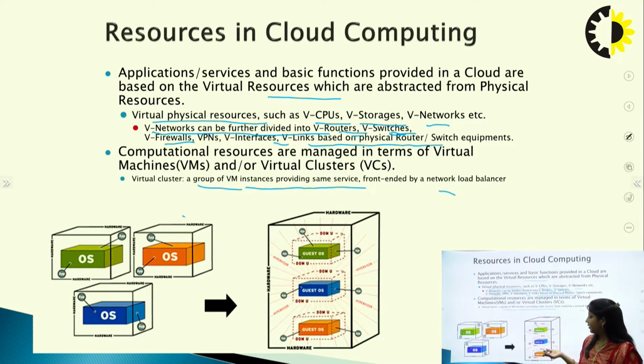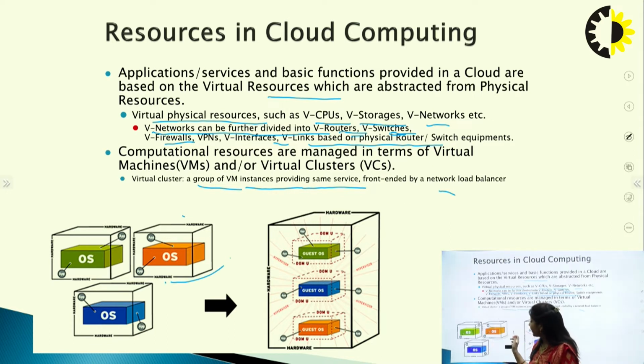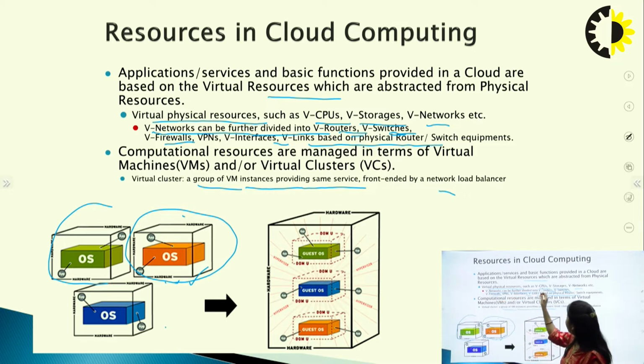It is the duty of the provider that in the cluster, all the virtual machines get equipped with the resources. If a cluster has three virtual machines, this is one cluster, this is the first virtual machine, this is the second, and this is the third. We have to provide each virtual machine with a virtual CPU and virtual storage, and connect it to the virtual server to get connected with the network.